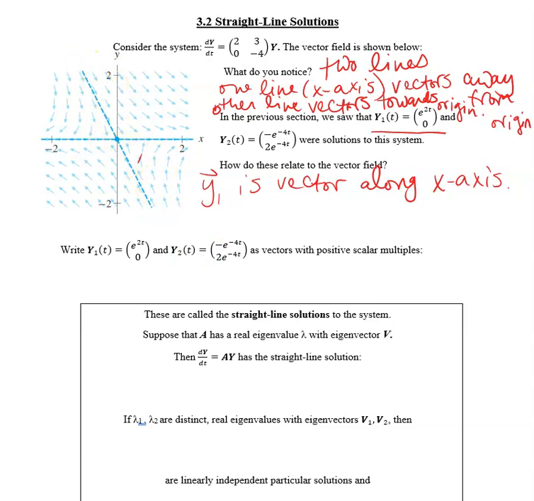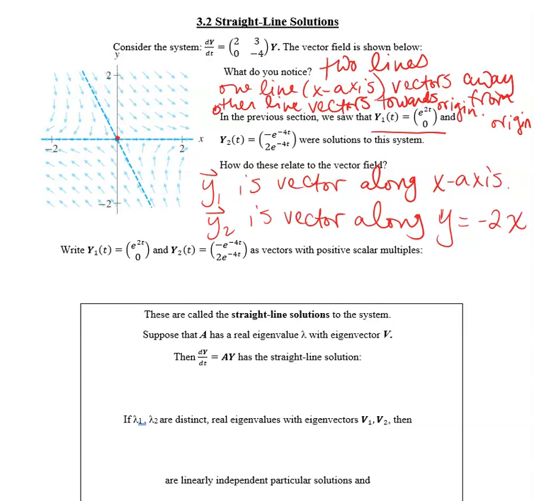So let's write that down. y sub 2, the particular solution, is a vector along this diagonal line, and you may not be able to tell just by looking at it, but the equation for that diagonal line is y equals negative 2x. Pause for a second to make sure you see that. That's the line that has a slope of negative 2 and cuts through the origin. That is this line right here.